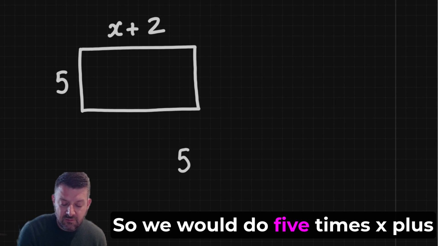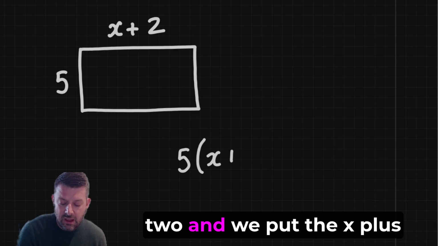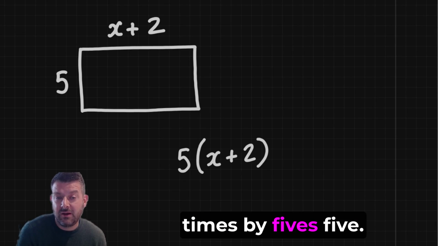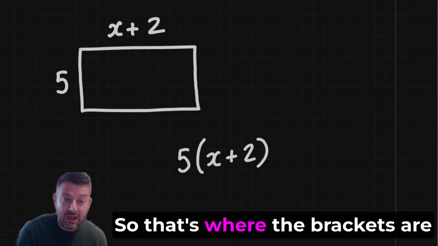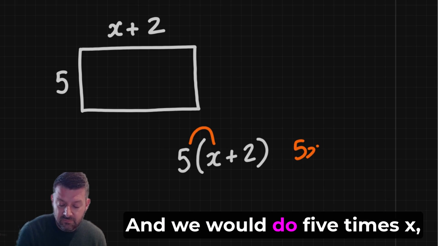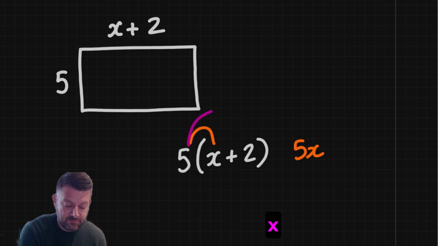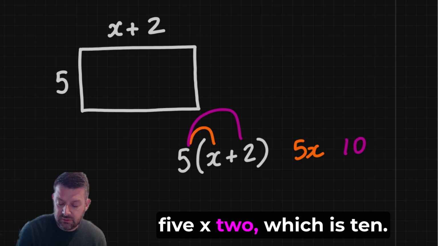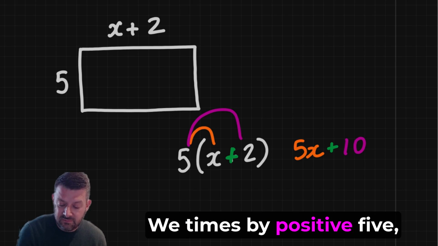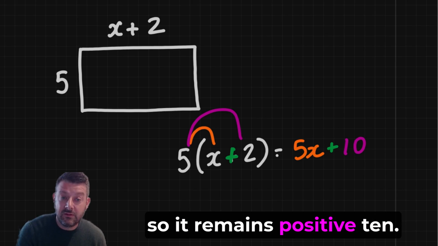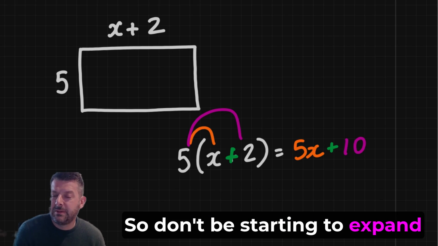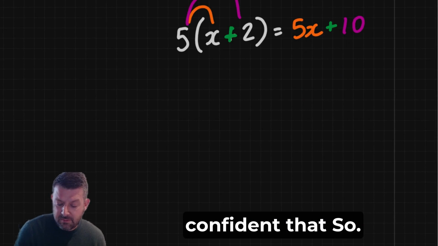So we would do 5 times x plus 2, and we put the x plus 2 in brackets because all of it gets times by 5. So that's where the brackets are coming from, potentially. And we would do 5 times x, which is 5x, 5 times 2, which is 10, and again, there's a plus there. We times by positive 5, so it remains positive 10. So that's how you expand single brackets. So don't be starting to expand double brackets before you're confident with that.